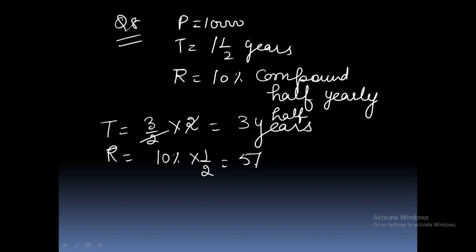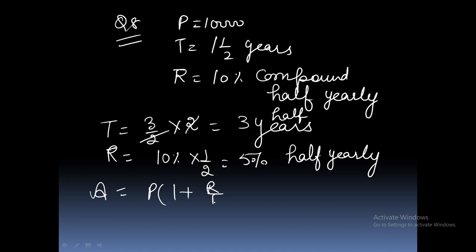That means the rate of interest will be 5% half yearly. Then you have to apply the amount formula, P times (1 plus rate of interest over 100) power T, where T is the time. After calculating the amount, you will calculate the compound interest by amount minus principal. Thus you can get the compound interest.